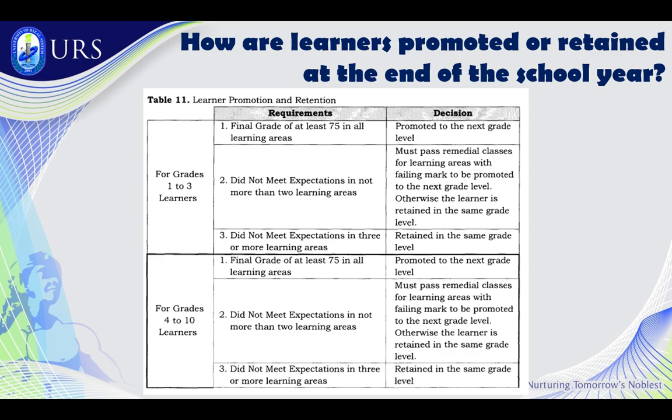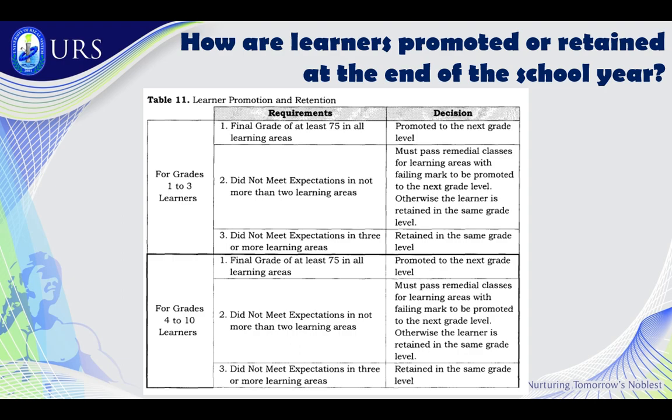Kung hindi niya po mapapasa yung dalawang subject na nabagsak, hindi po siya mapopromote sa next grade level. Kapag naman po tatlo na ang hindi na-meet ang expectation or mababa po ang grade, kailangan po mag-retain sa same grade level.